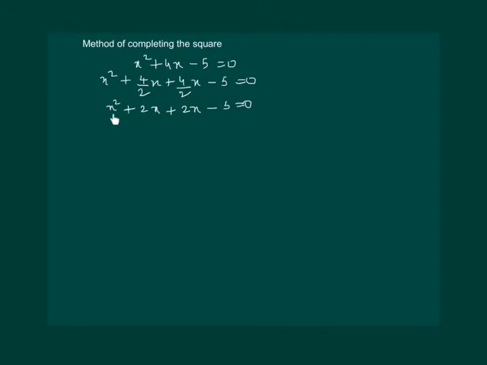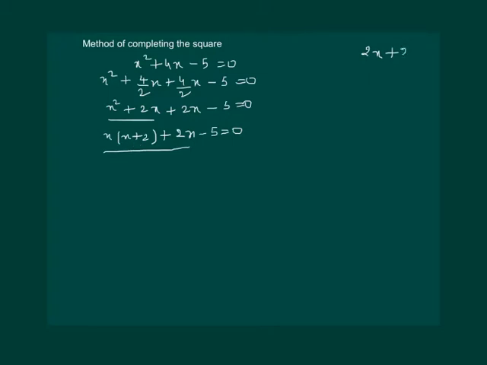Now, from the first two terms, we can take out x common and get x plus 2 in the bracket. Rest of the equation remains same. We want to convert this into a perfect square. What should be added to 2x so that I can take out something common and get x plus 2 in the bracket?